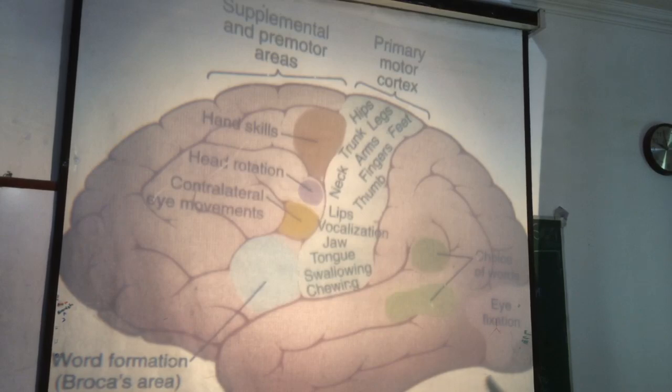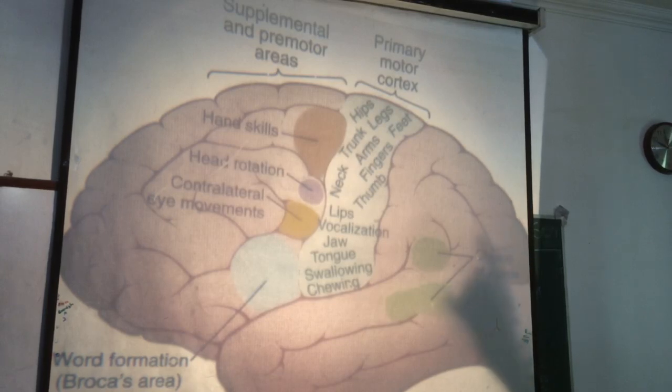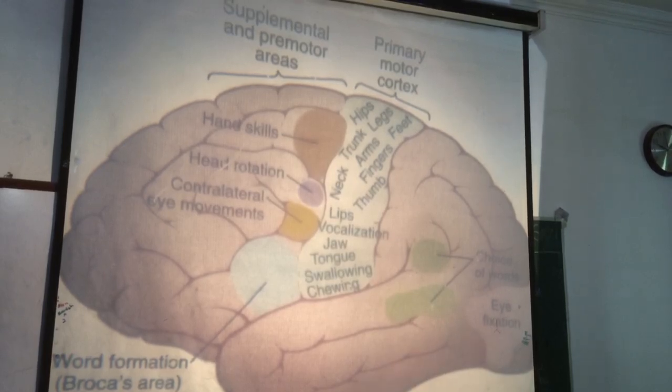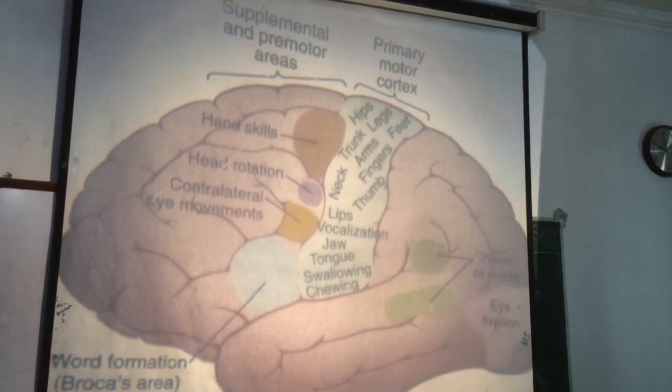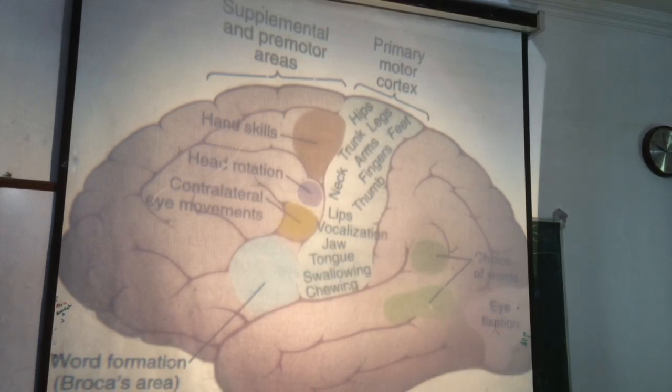I mean, the right side of the body is represented in the left-sided motor area, and vice versa. So there is contralateral representation, and there is upside down representation.